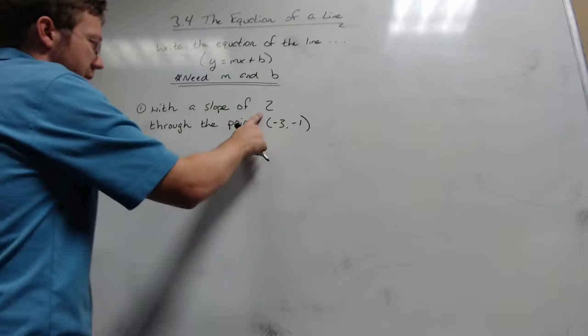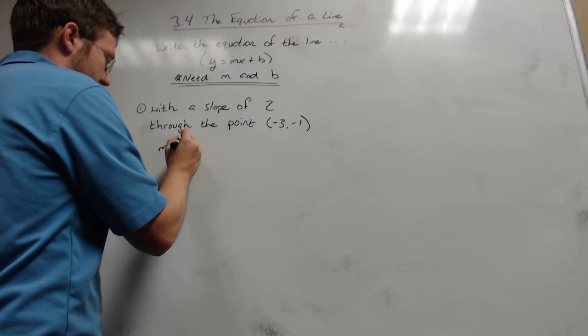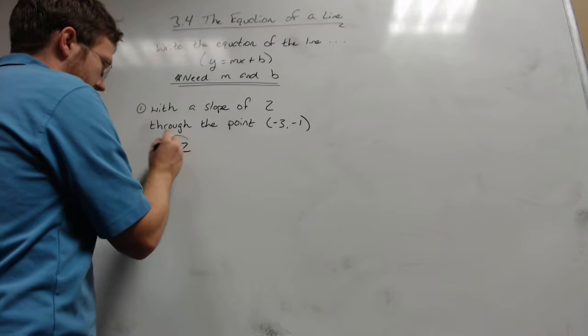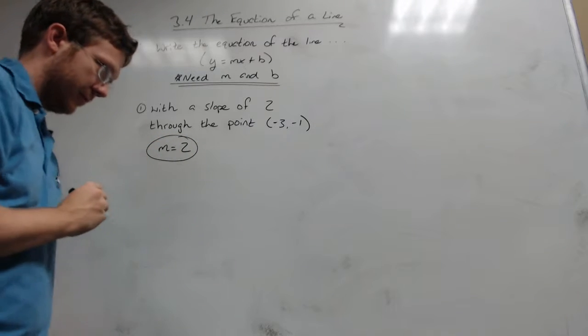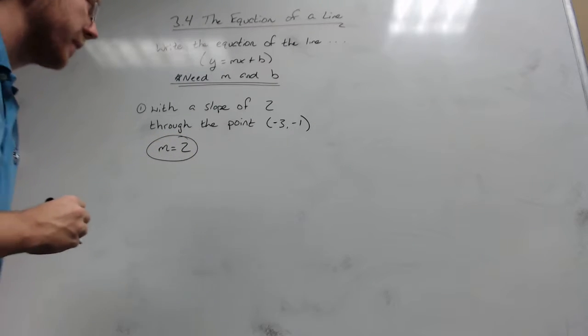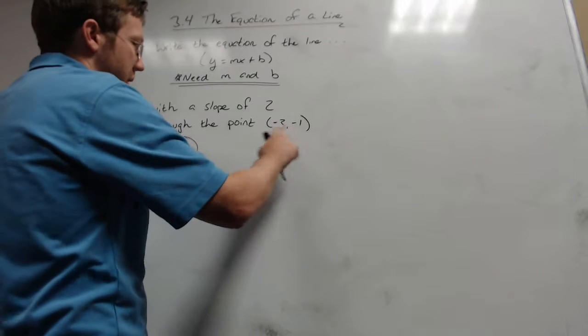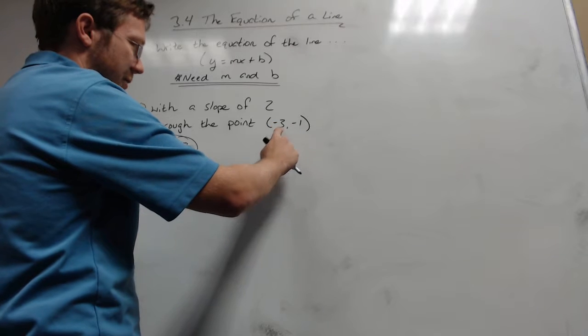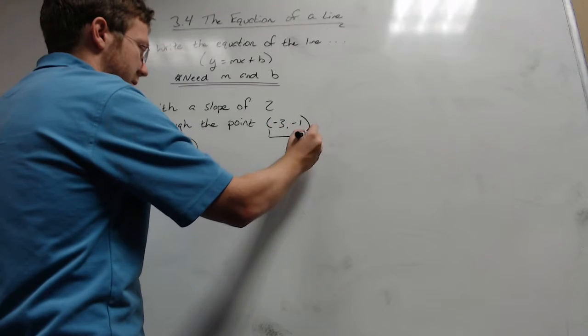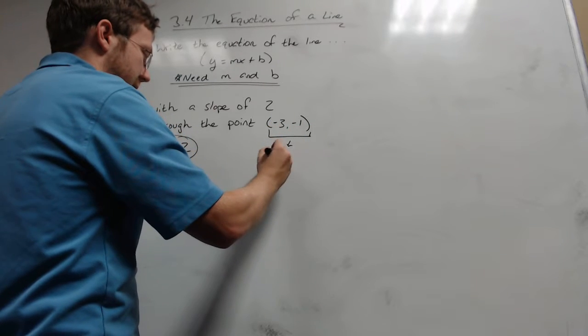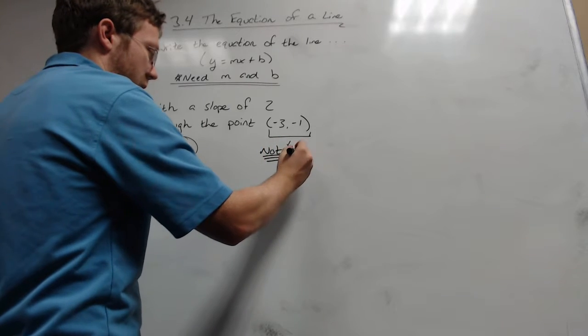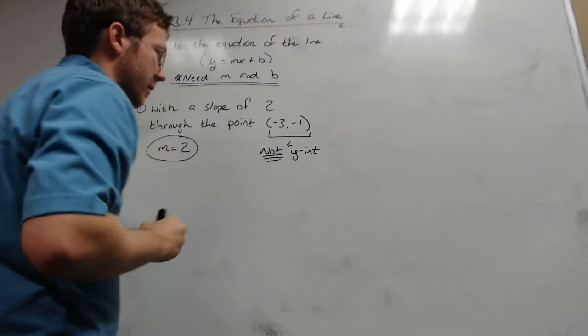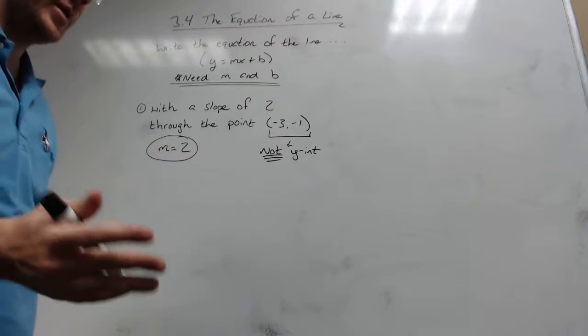Now we still know a slope. Our m value is 2. This is going to be important. We're certainly going to use it. But with this point, you cannot just say b is -1. This is not the y-intercept. It's not (0, -1). So this is a key point: it is not the y-intercept.